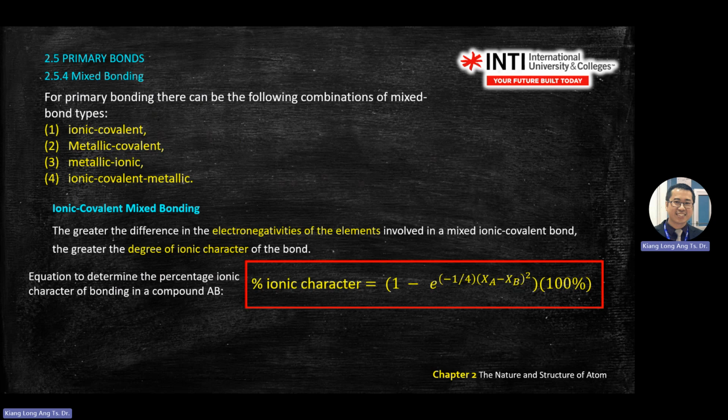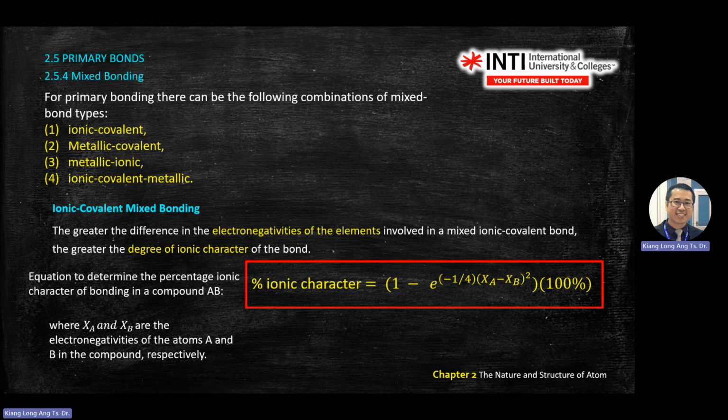Remember this one. This formula won't be given. We expect you to know and apply. XA and XB are electronegativity, which you refer to the table of electronegativity.